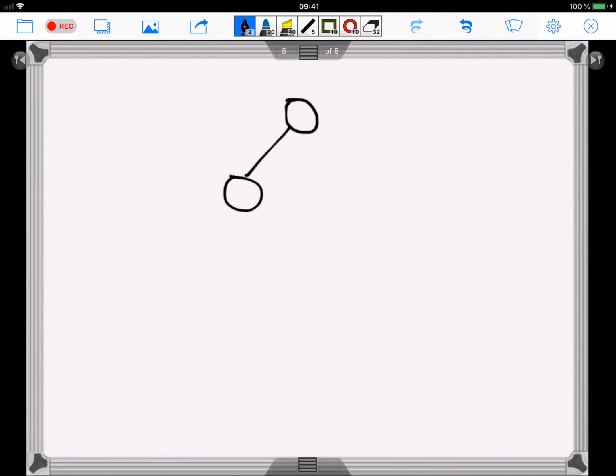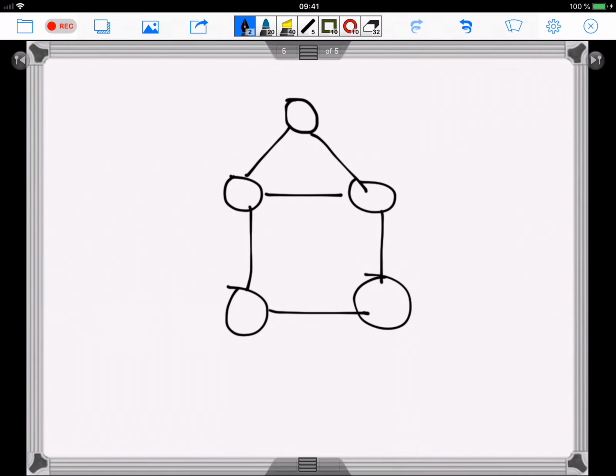Let me do it with the case of the graph for the house that we saw in the first slide of this part of this lecture. So here we have that this vertex has degree 2, this one has degree 3, this also has degree 3, and these two have degree 2.